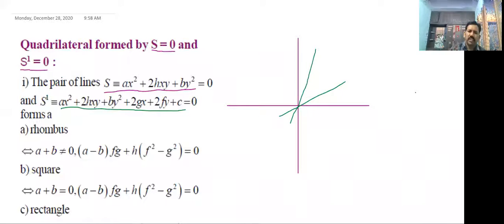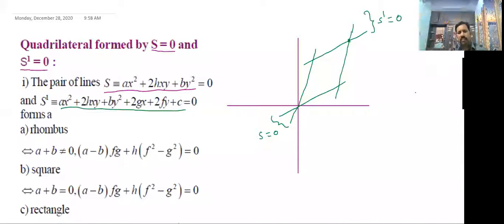So that one, we can draw like this. This is one line, and one more line. This is the point of intersection. These two lines represent the pair of lines S dash is equal to 0.